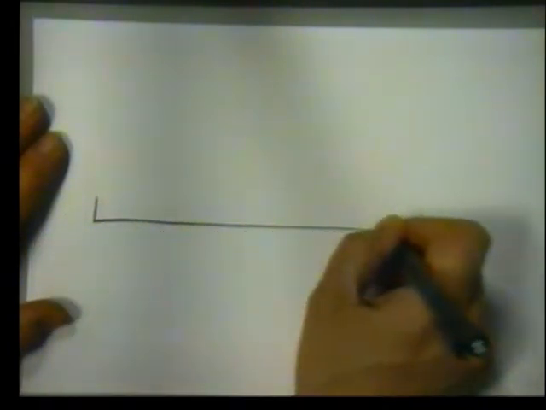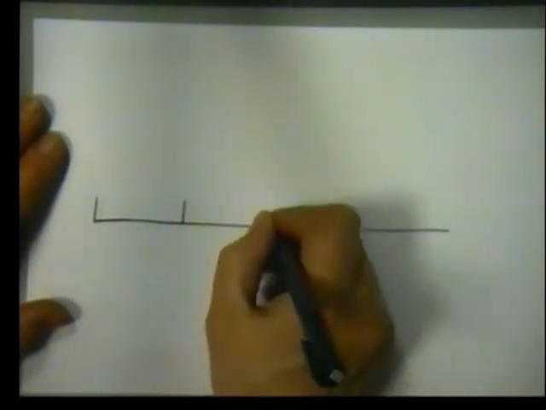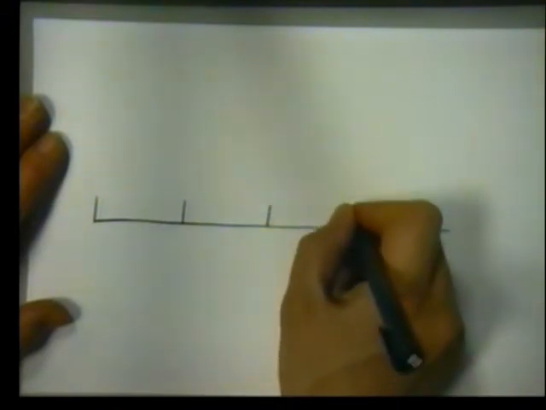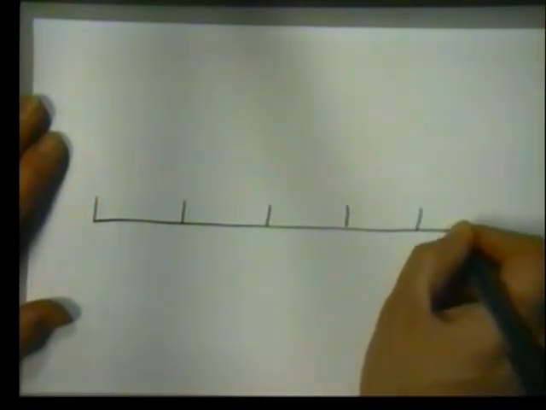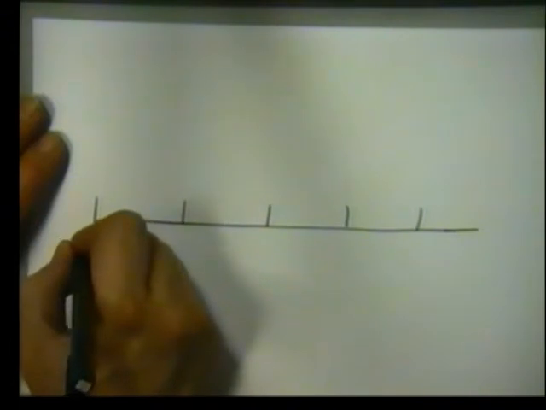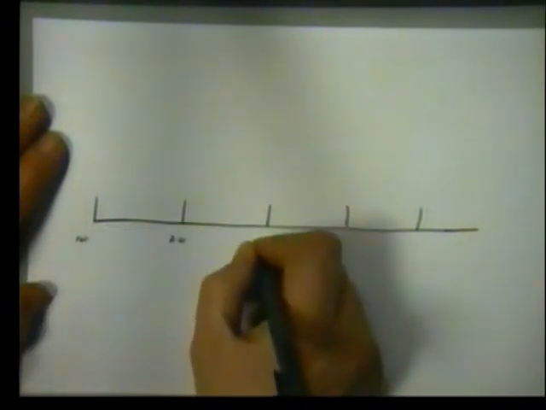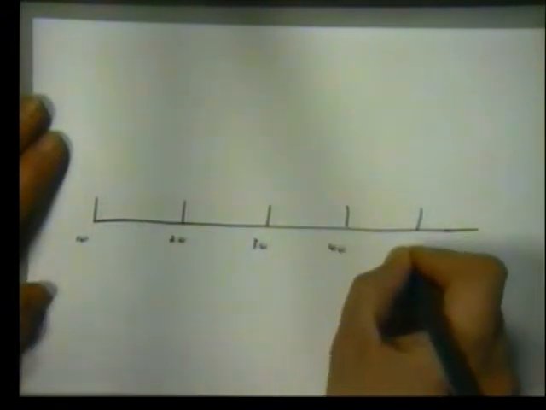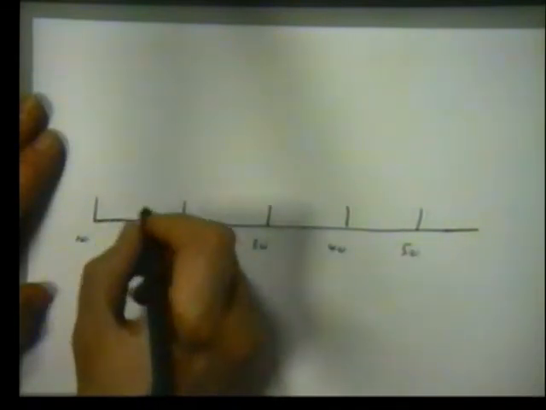Let me draw the picture again, because it was getting a bit messy. And we'll have something a little bit more readable. Here is our ADC interrupt, occurring at 10, 20, 30, 40, 50 milliseconds.